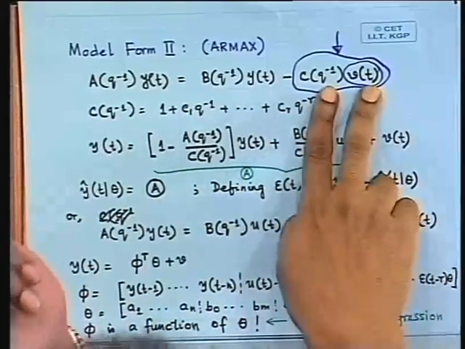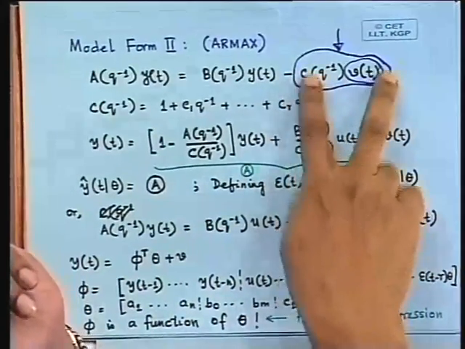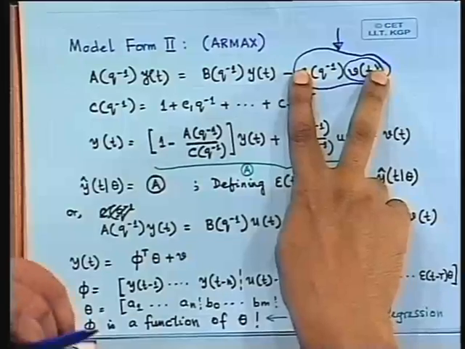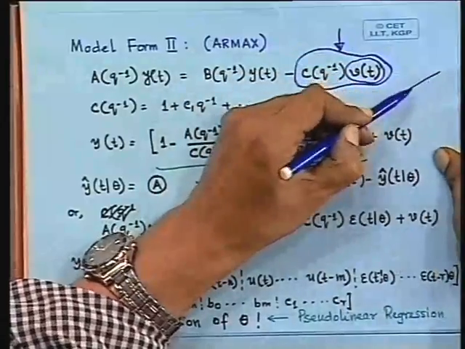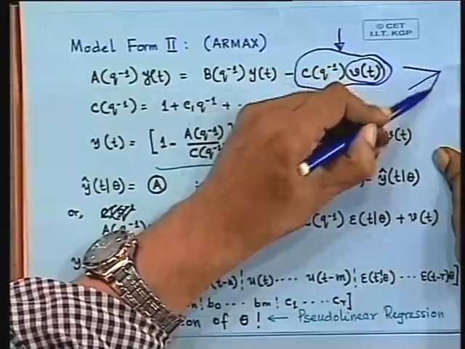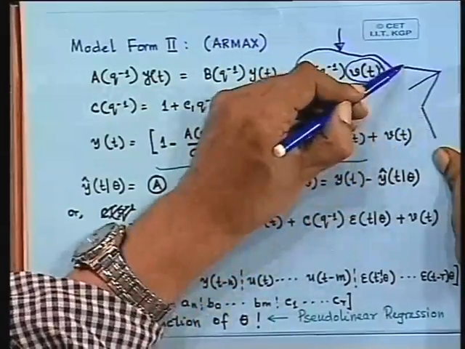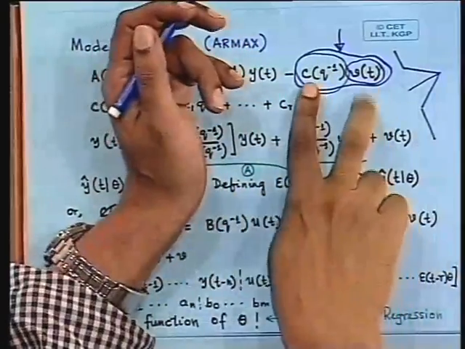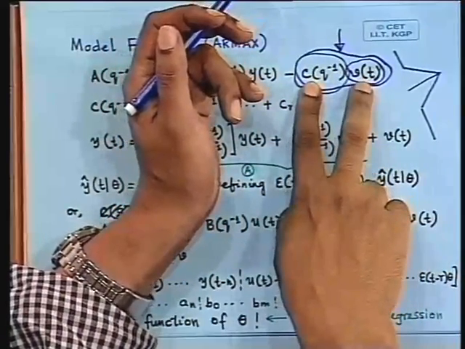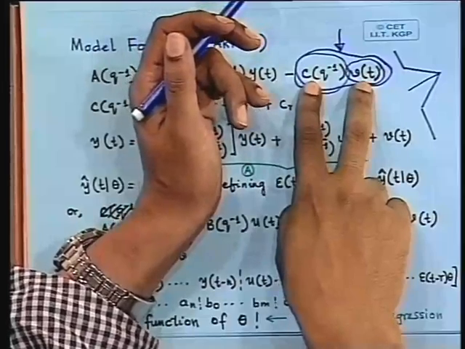Now you are assuming that this term which you previously assumed white is now a sum of some white terms, which means that its autocorrelation function is not like delta, but it will spread a little bit. Depends on what is the order of the C polynomial, because you are taking a weighted average of R white signals.